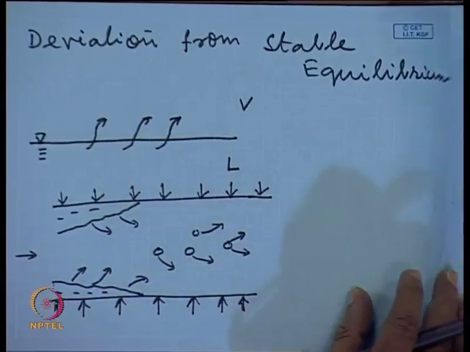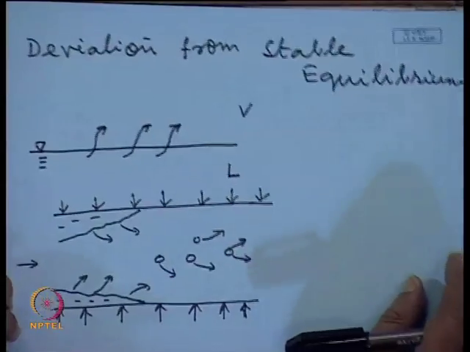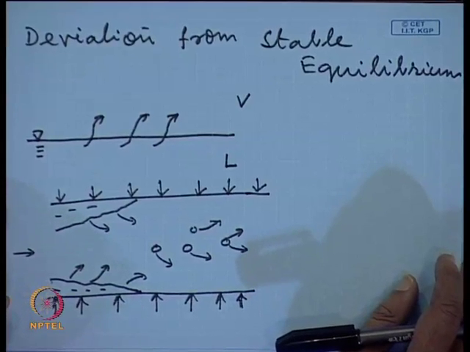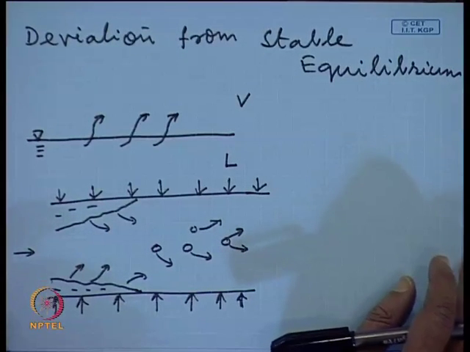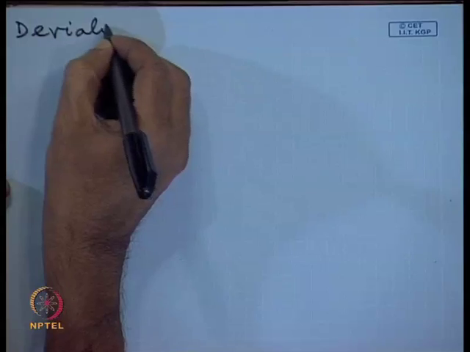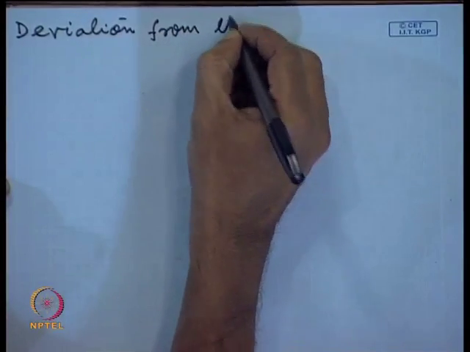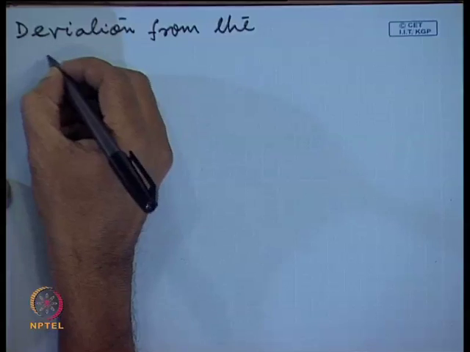We will not discuss much regarding it, but let us know that there is one type of vapor formation where there is deviation from the stable equilibrium. Now, let us go to the second case: deviation from the metastable equilibrium.